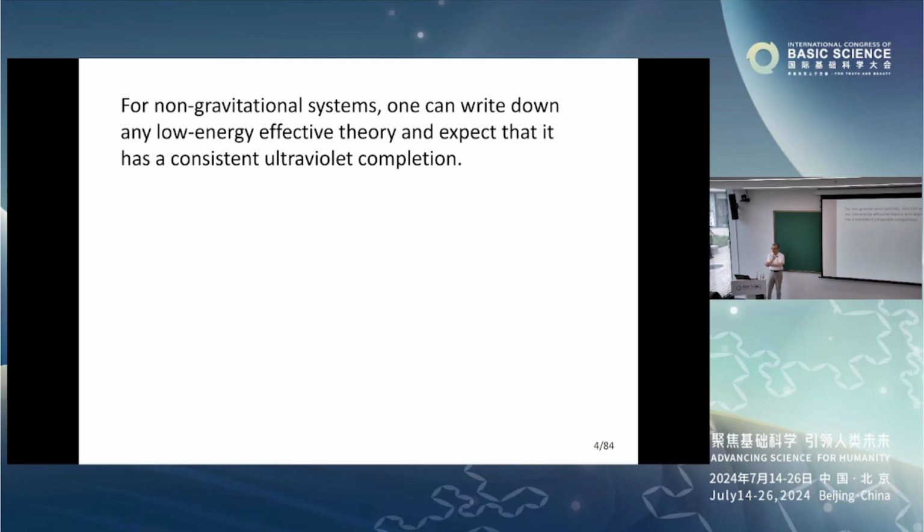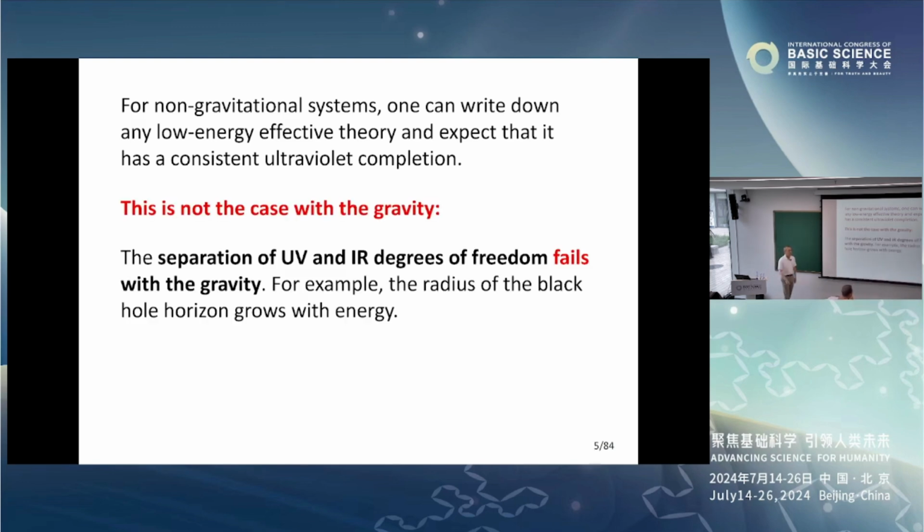So I repeat myself. For non-gravitational systems, we can write down any low energy effective theory and expect that it has a consistent ultraviolet completion. But this is not the case with gravity. The separation of ultraviolet and infrared degrees of freedom that is very important for this idea of low energy effective theory fails with gravity.